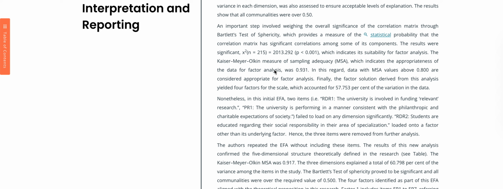The Kaiser-Meyer-Olkin measure of sampling adequacy, MSA, which indicates the appropriateness of the data for factor analysis, was 0.931. Data with an MSA value of 0.80 or more are considered appropriate for factor analysis. Finally, the factor solution yielded a scale that accounted for 57.753% of the variation of the data.